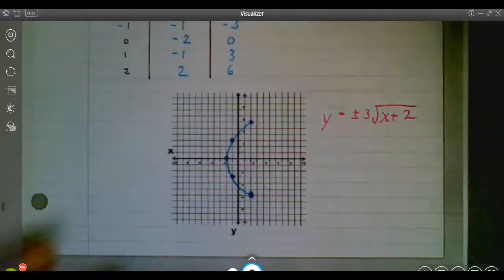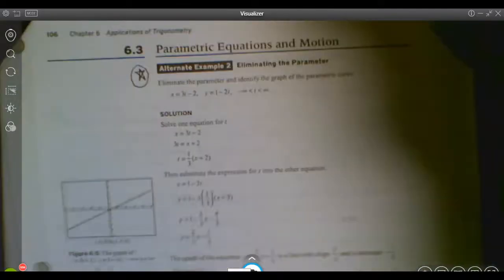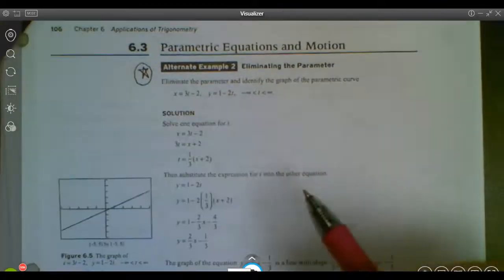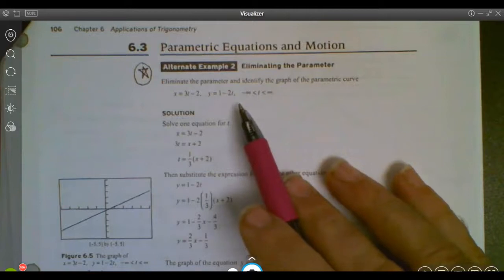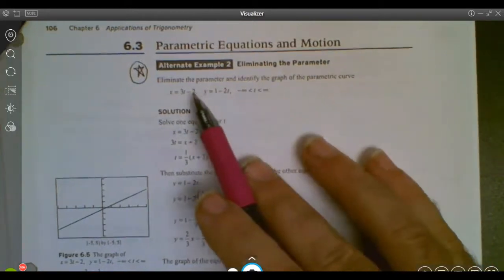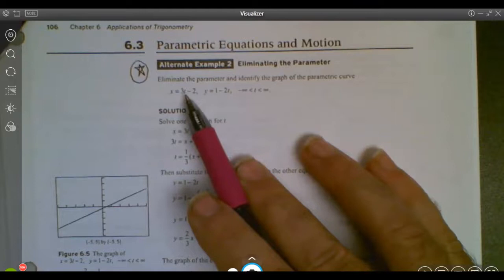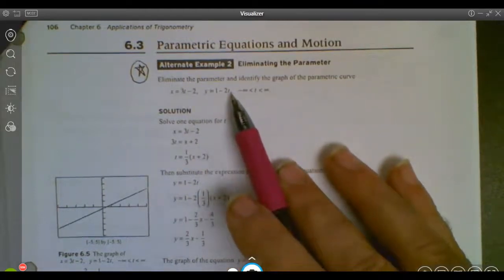Sorry, let me flip the page for you. So that's now what's going on here, where they're saying, okay, here are the two different components, but let's get this into one equation here. So let's isolate t within the x component and then sub it into the y component so that I get one function.